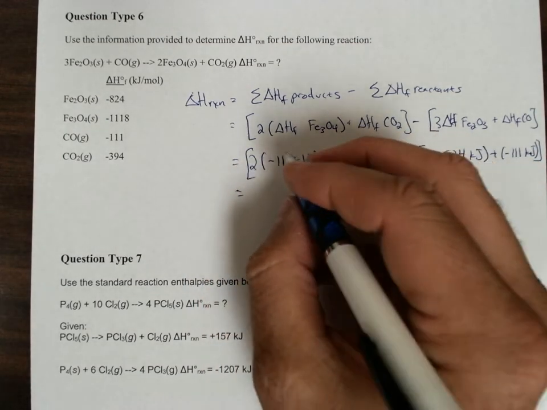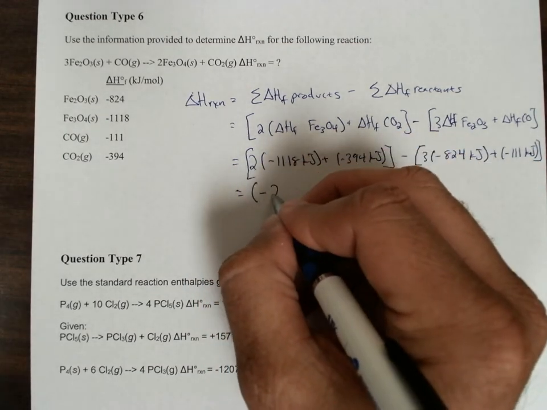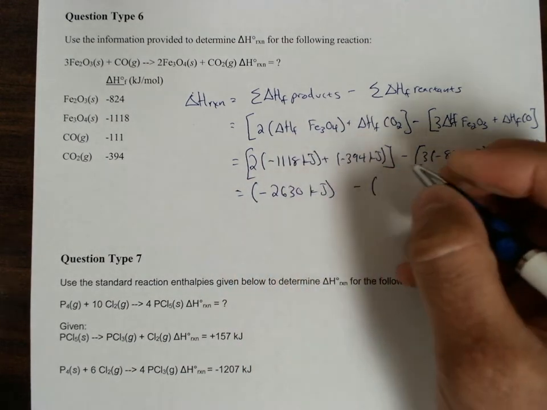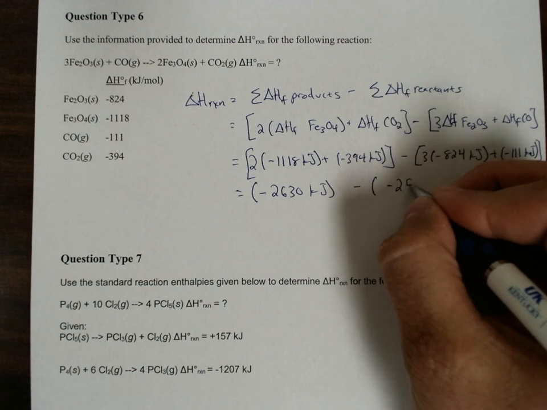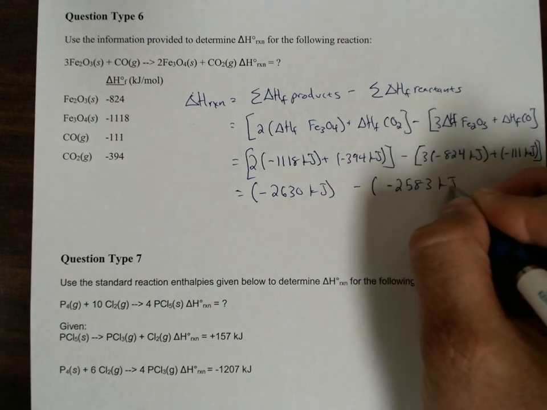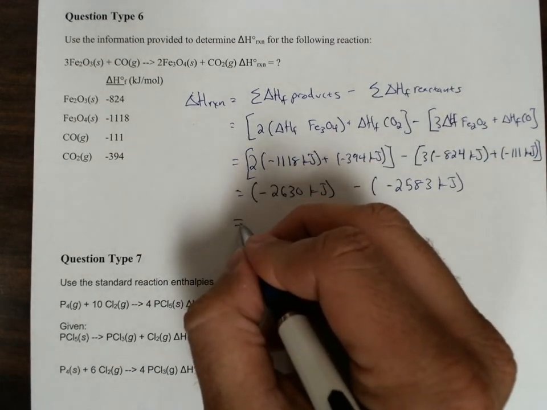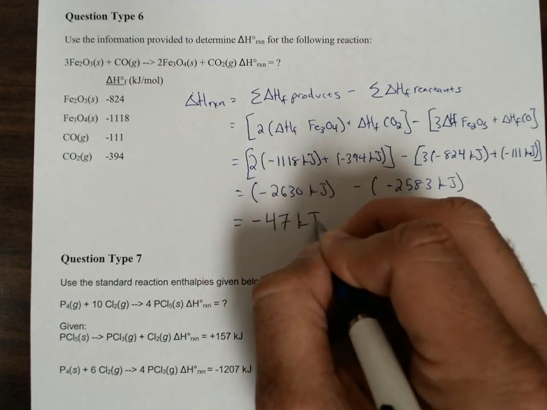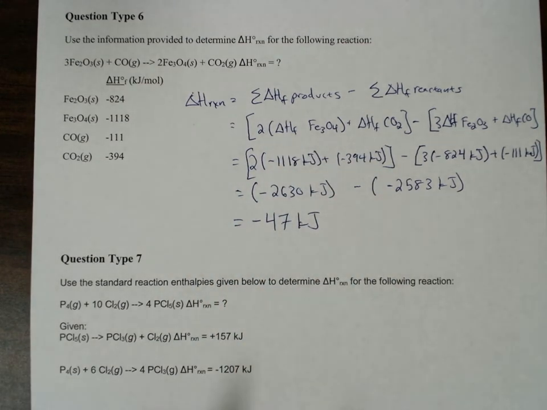If we solve each section, negative 2630 kilojoules for products minus negative 2583 kilojoules for reactants means that I will end up having negative 47 kilojoules of energy by running this reaction.